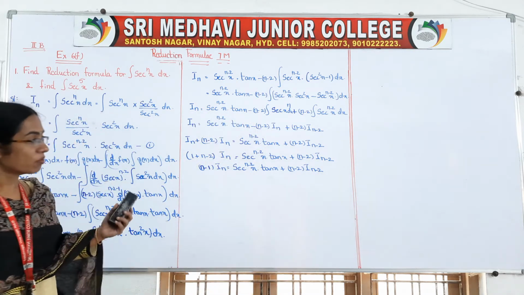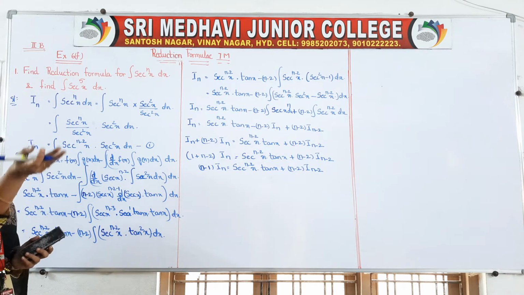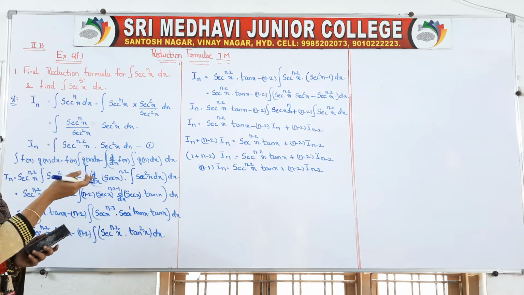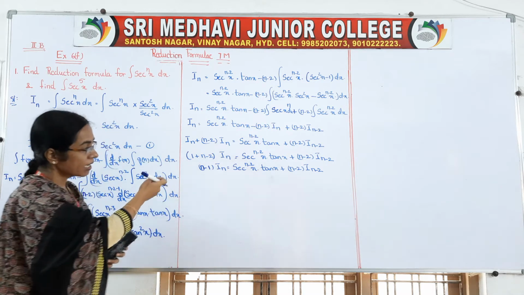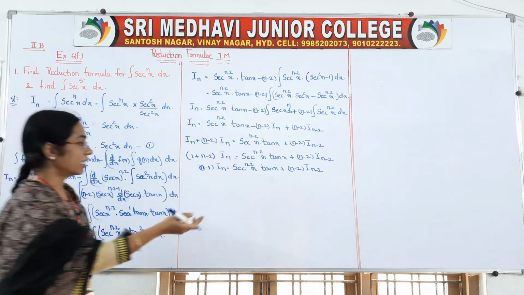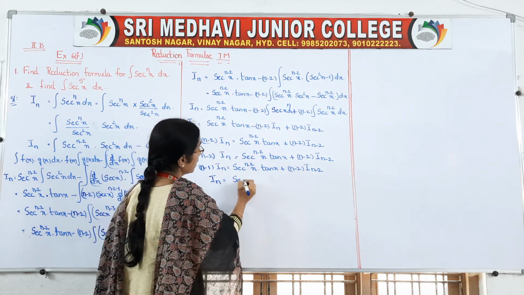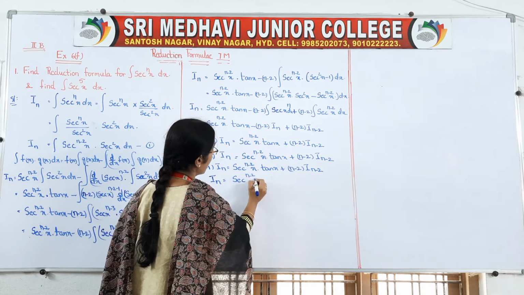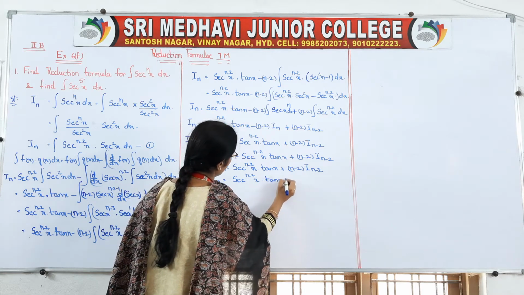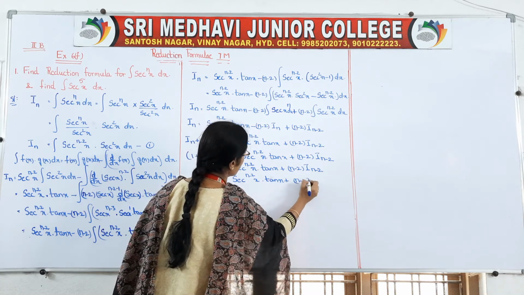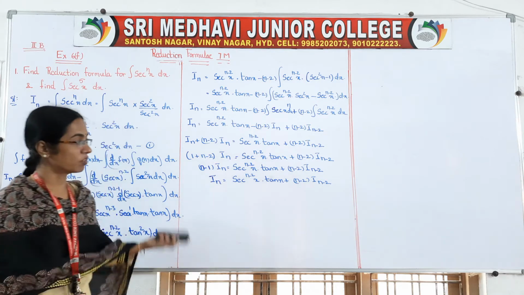So we only want In value, isn't it? We have taken the question as In, so we want only In. So send this n minus 1 to that side. Here it is multiplying; if you send it that side, it will divide. So In is equal to secant to the power of n minus 2 x into tan x plus n minus 2 into I(n minus 2), whole divided by n minus 1.